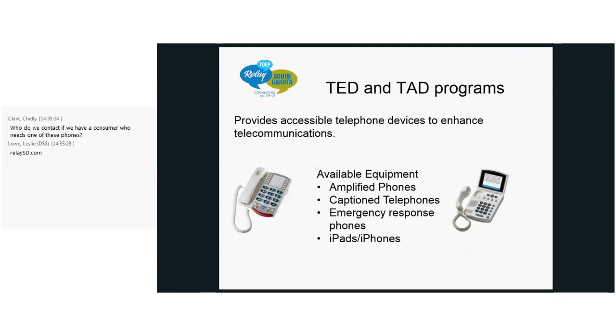We contract for these services, so someone who is, in addition to Julie, covers the central part of the state. Then we have a contract provider who is located in Aberdeen and Sioux Falls and Rapid City, who cover the rest of the state, and so their contact information will be on that website.